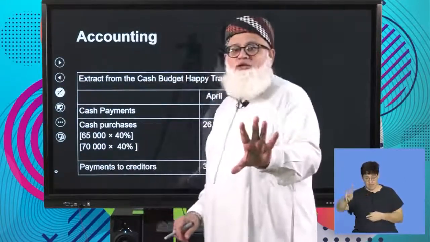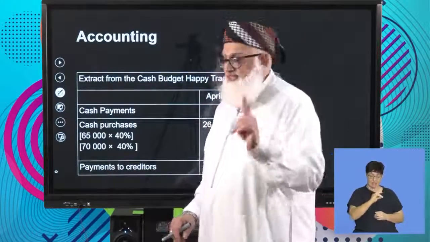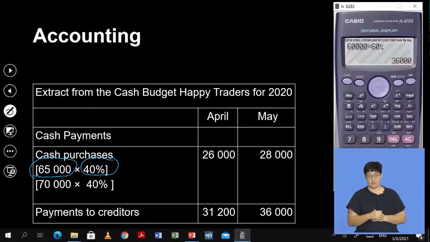how is this going to impact on my cash budget? Once again, notice under my cash payments, let's take the 65,000 Rand, which was my total purchases, right? Multiplied by 40%, because obviously if 60% was on credit, 40% has to be on cash. So therefore, you take your 65,000 times 40%.